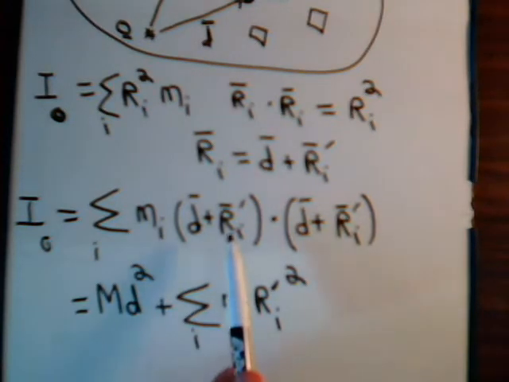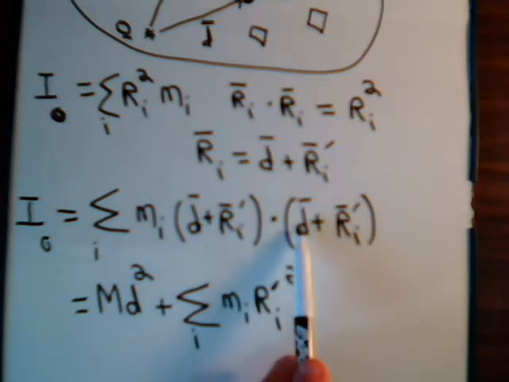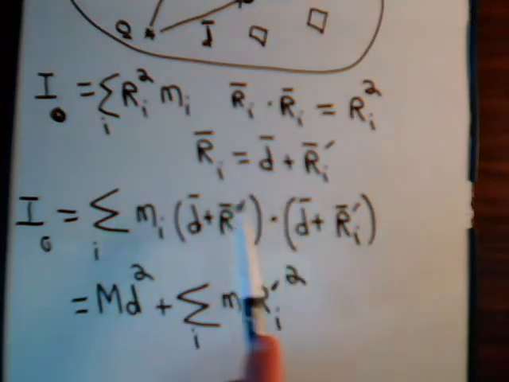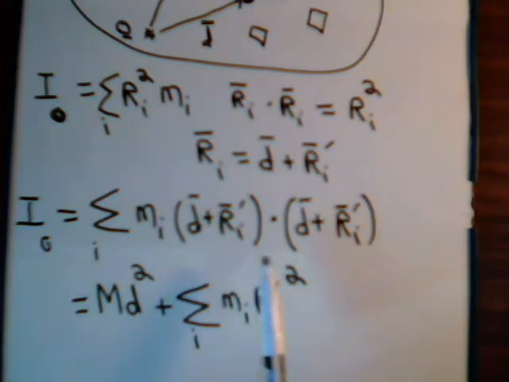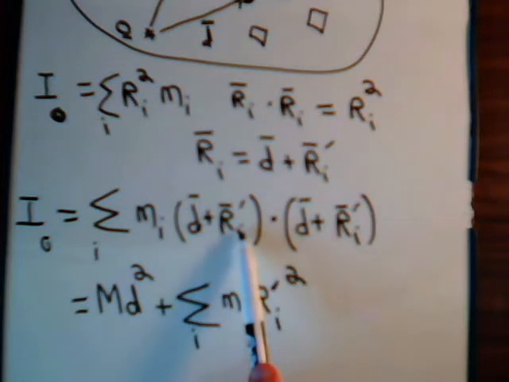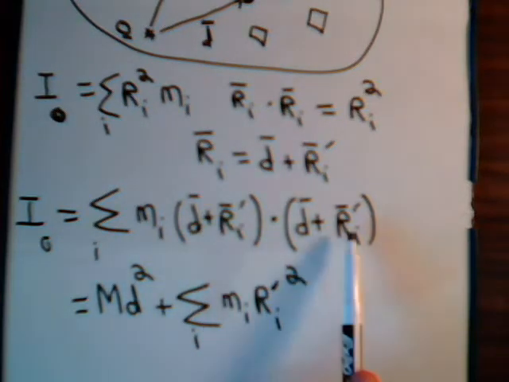Then we have the cross terms. We have this dot this plus this dot this times mi. For now, let's just ignore the mi and let's just consider what the cross terms are. We have d dot Ri prime, same thing here.